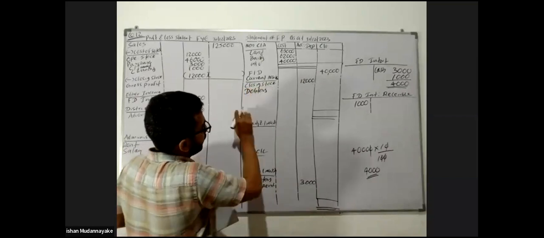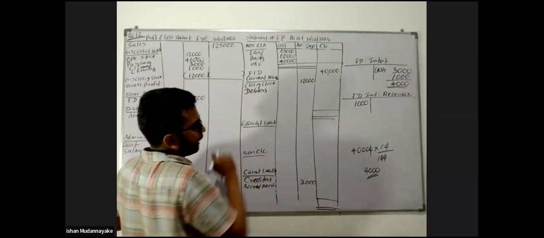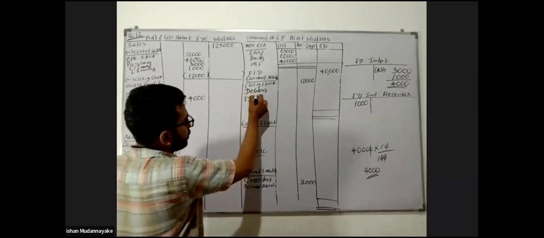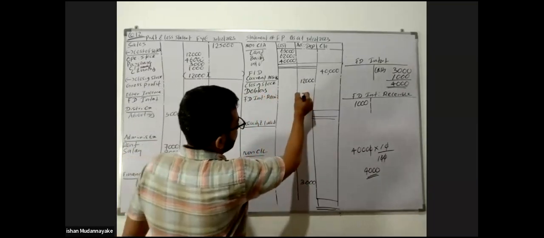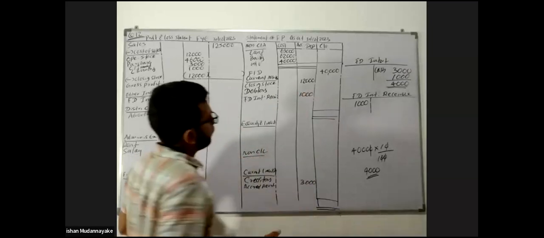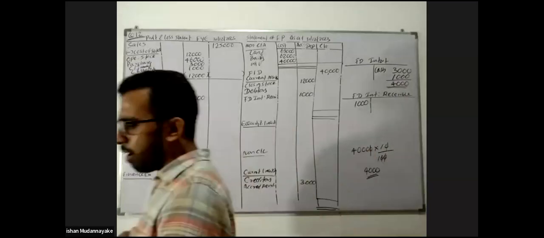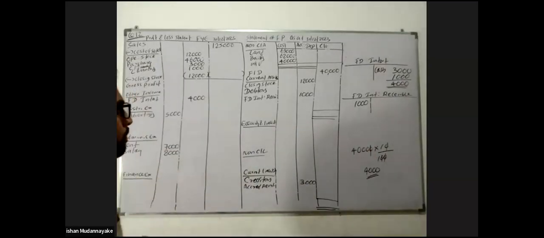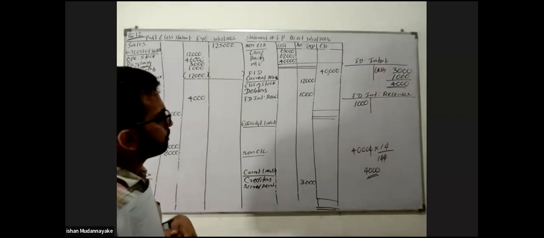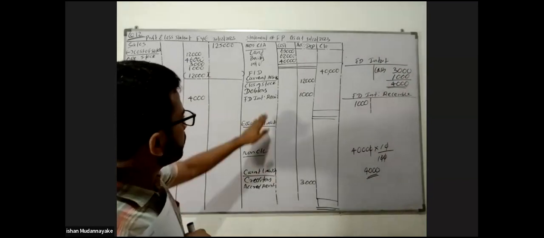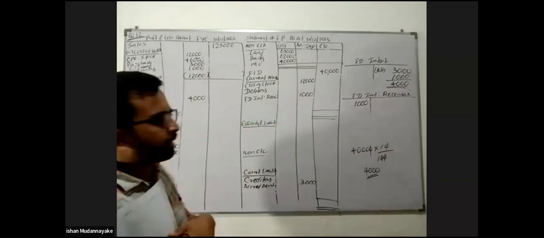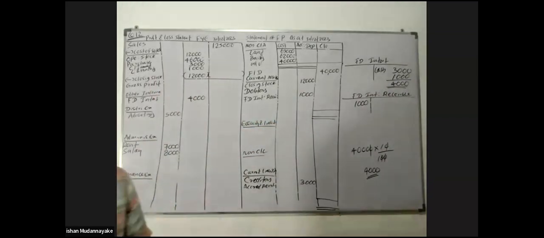After the debtors, you can record FD interest receivable 1,000. Write the FD interest receivable amount under the current assets.